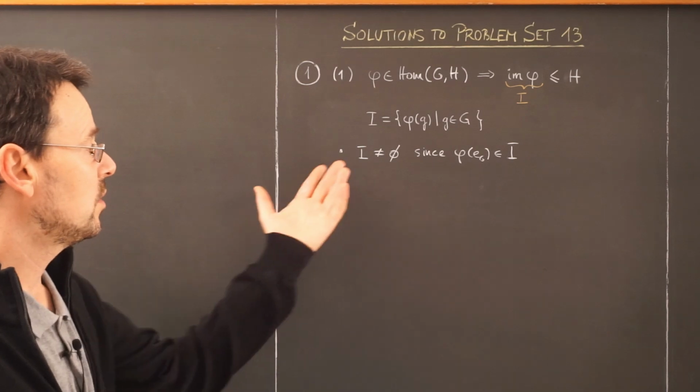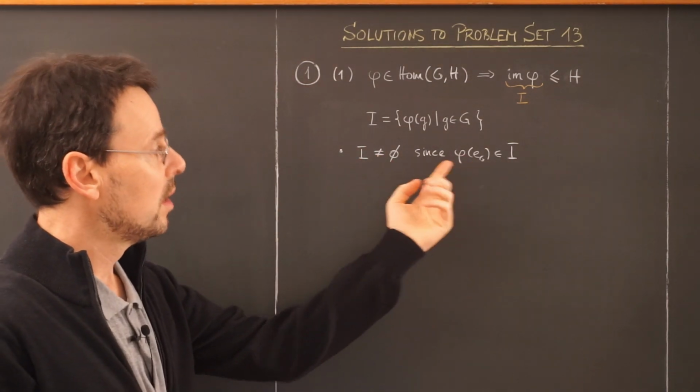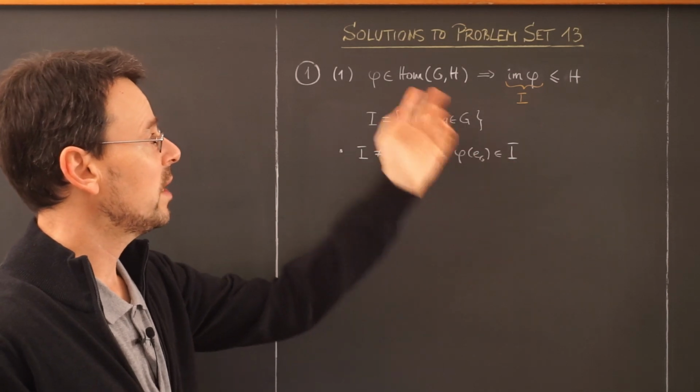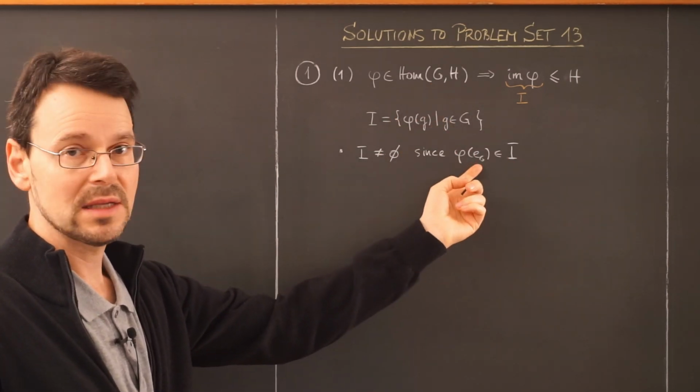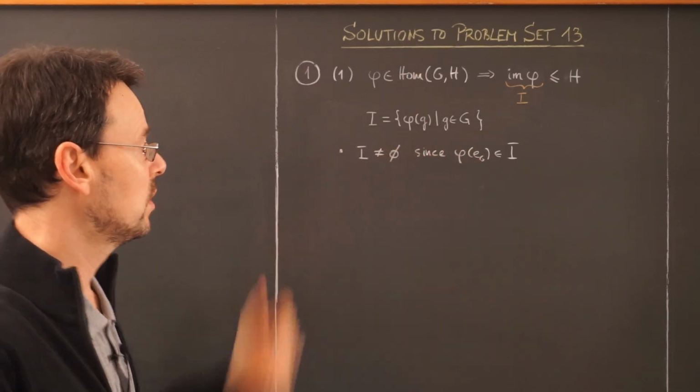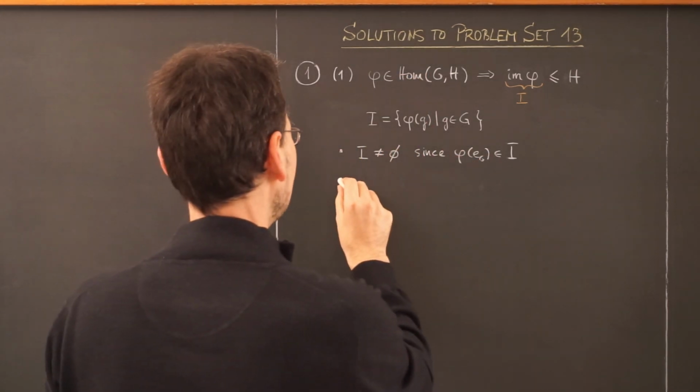So clearly the image is not empty because at least phi of E G is in the image. No matter what the group G is, it definitely has a neutral element, an identity, even if it's the trivial group. So the image is not empty.